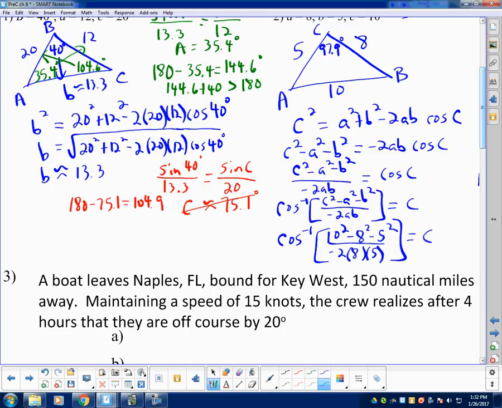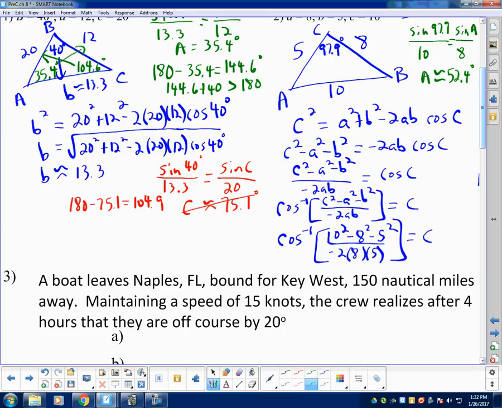Okay. Then we need to go ahead and use law of sines. So I would just go ahead and do law of sines with the angle I just found. So sine 97.9 over 10 equals, we'll find A first, sine of A over 8. Solving for A, we end up with 52.4 degrees.